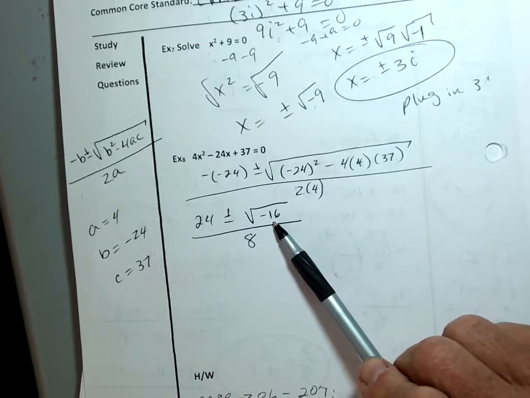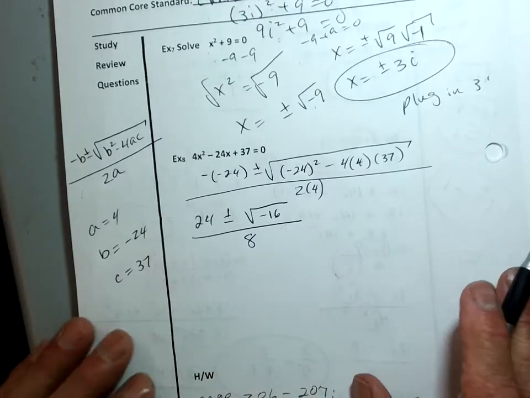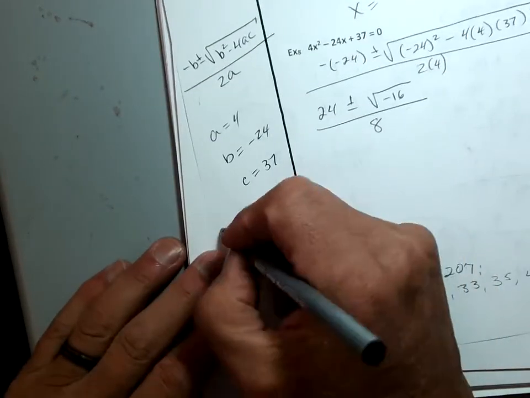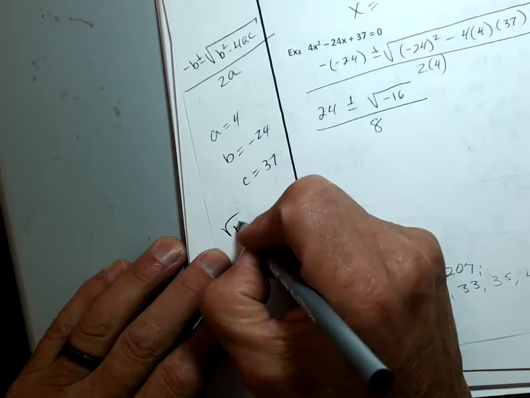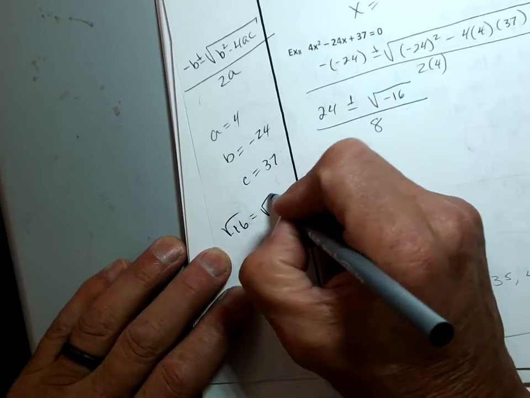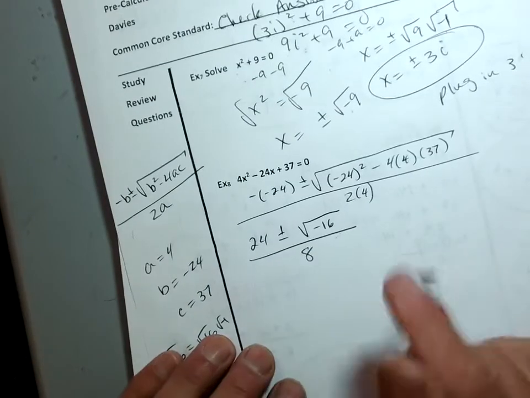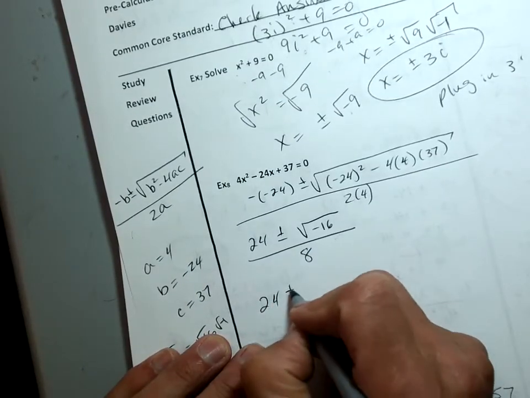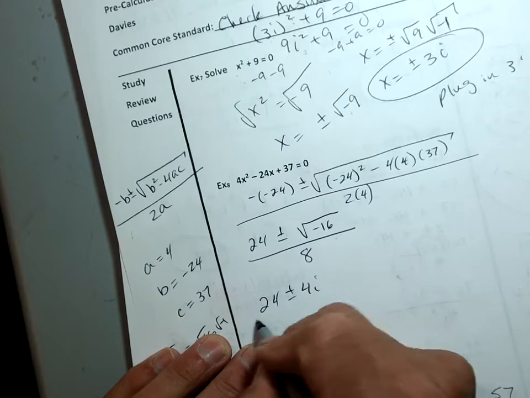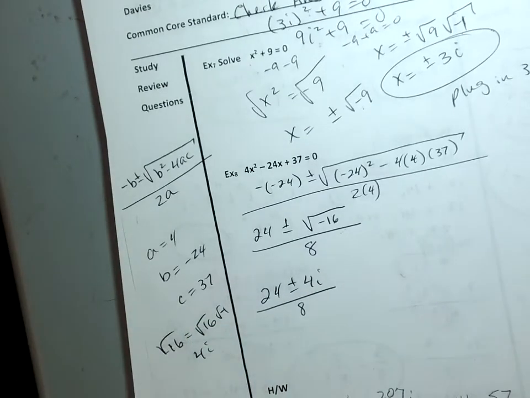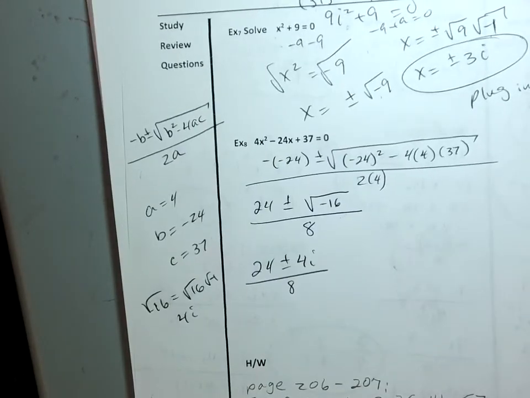4i. Yes, 4i. And a little side work, if you don't see that: square root of negative 16 is the square root of 16 times the square root of negative 1, which is 4i. Nice job, Zoe. So we're going to rewrite this as 24 plus or minus 4i over 8, right? We're almost done. Can't write it in that form, so we're going to write it as the real plus or minus the imaginary.